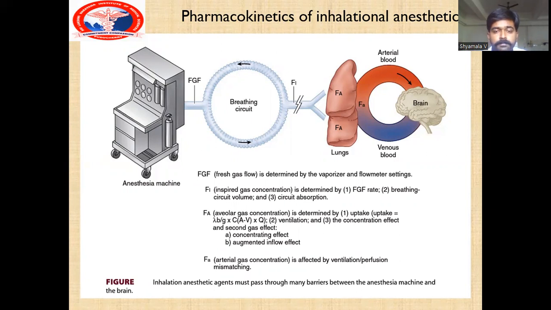The inspiratory limb and expiratory limb are connected to the endotracheal tube and delivered to the lungs, mixed with the arterial blood, goes to the brain, and comes back, returning to the expiratory limb and back to the apparatus where it enters the soda lime. So the CO2 will be absorbed in the soda lime.